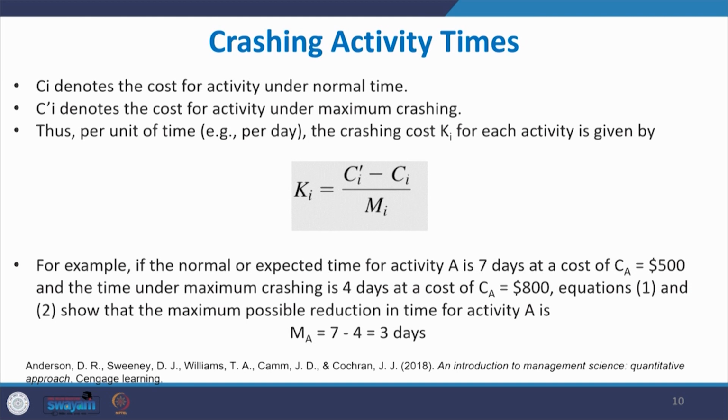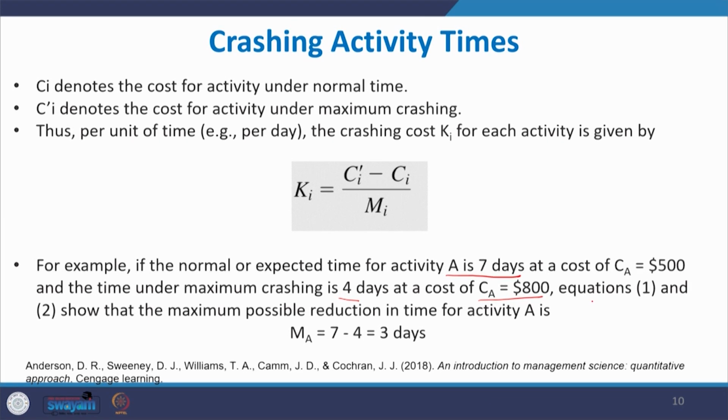Thus, per unit time, that is the crashing cost Ki for each activity, is Ki equal to Ci dash minus Ci upon Mi. For example, if the normal or expected time for activity A is 7 days, and the cost is $500, and the time under maximum crashing is 4 days, and the cost of crashing it to 4 days is $800.